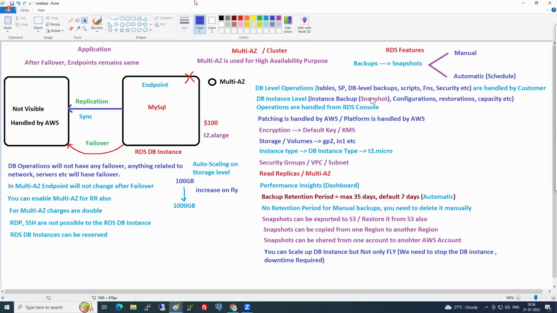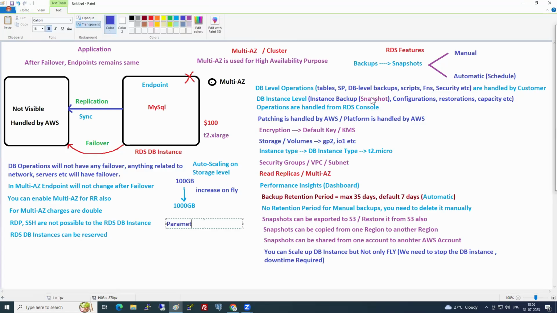And then you have one small thing called parameter group. Parameter group, a lot of developers know this. In a database, we have something called global schemas. DB guys or developers, have you heard about global schemas?